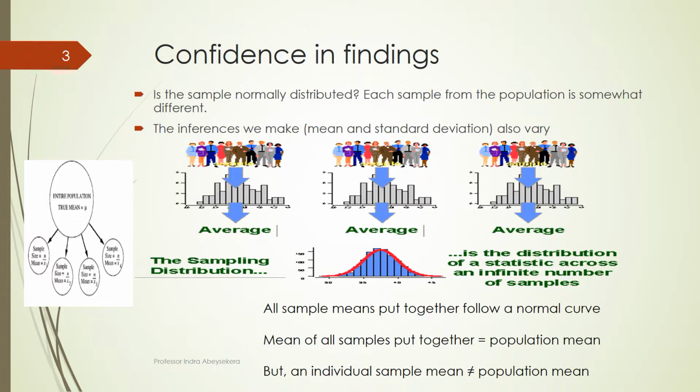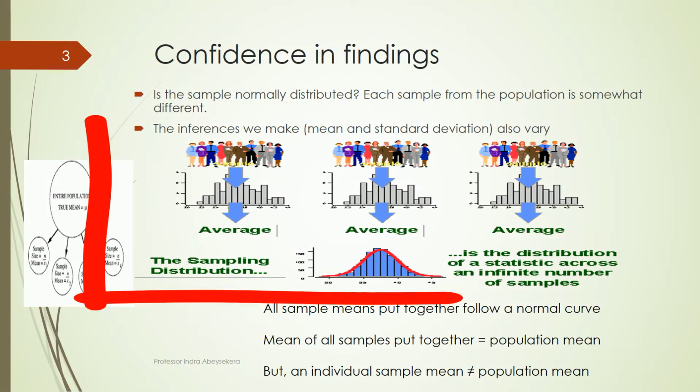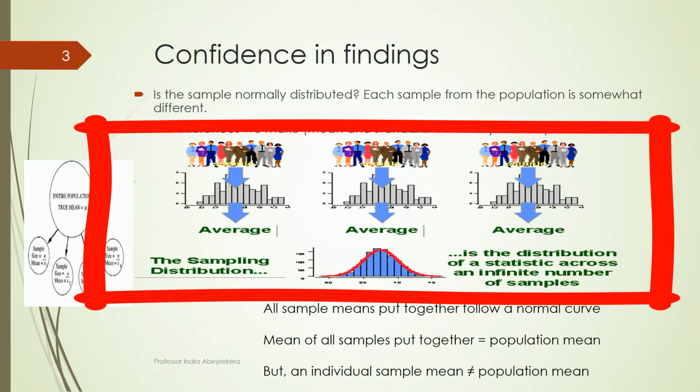The population doesn't have to be normally distributed, but the means have to be normally distributed about the population. So that is done by taking numerous samples and then plotting the means of so many samples to find out whether it is normally distributed.